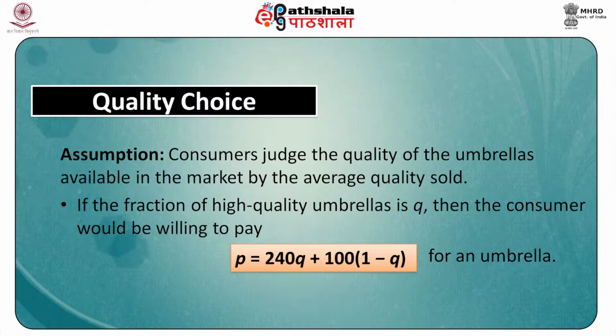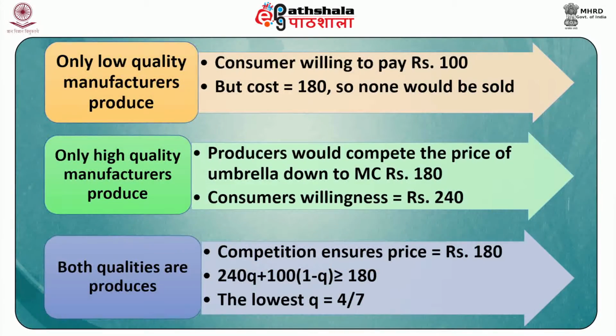There are three cases to consider here. First, only low quality manufacturers produce. In this case, the consumers would be willing to pay only rupees 100 for an average umbrella. But it costs rupees 180 to produce an umbrella, so none would be sold. The second case is where only high quality manufacturers produce.